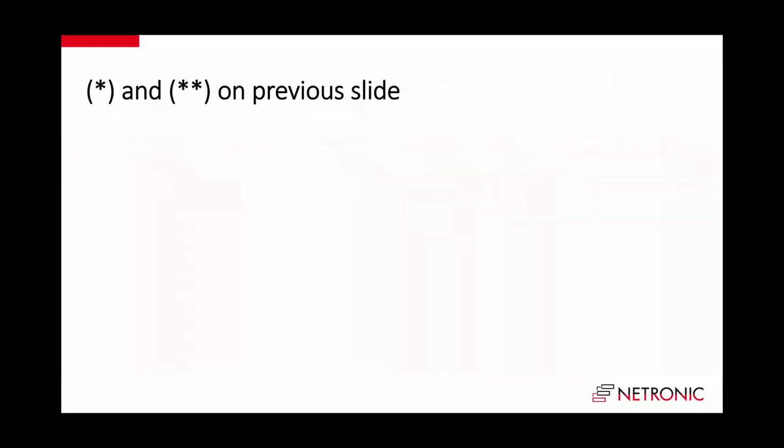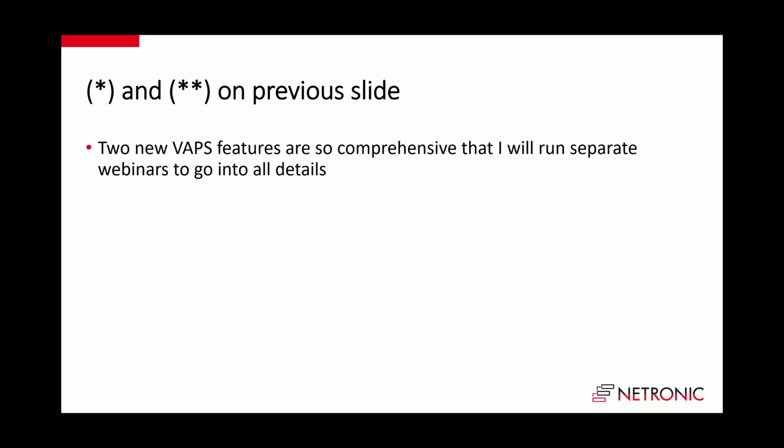These are features that are so comprehensive, and have such a big impact on the product, but also on what they mean for your customers' processes or for your processes, that I decided to show them quickly today, but I will run separate webinars to go into all details of these functions.